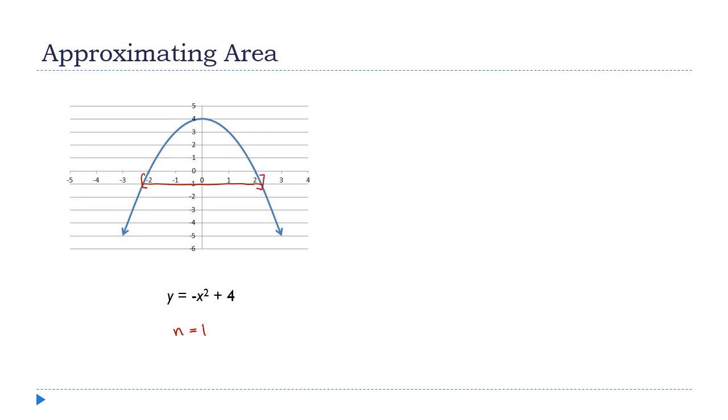So I'm going to draw one rectangle that approximates this. I'm going to do this using the function value at the midpoint of the interval as the height. Right, so the midpoint of this interval is at x equals 0, and the height is up here.